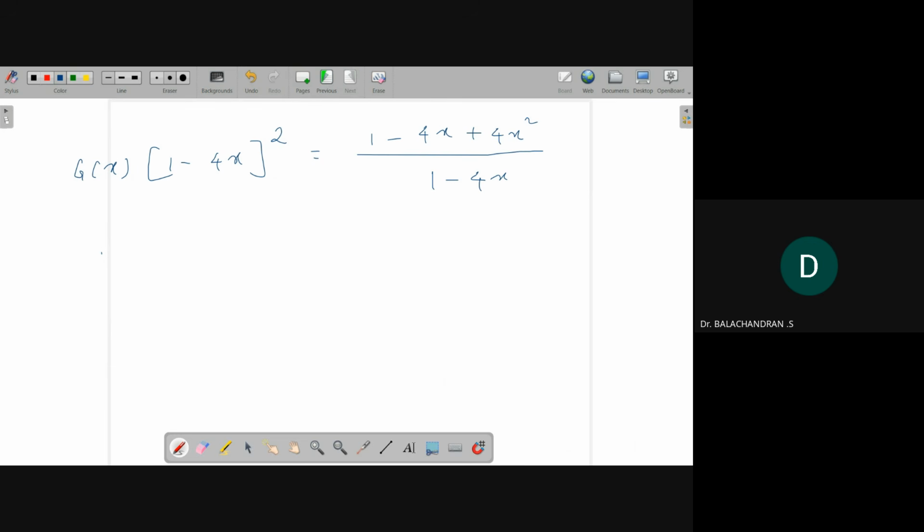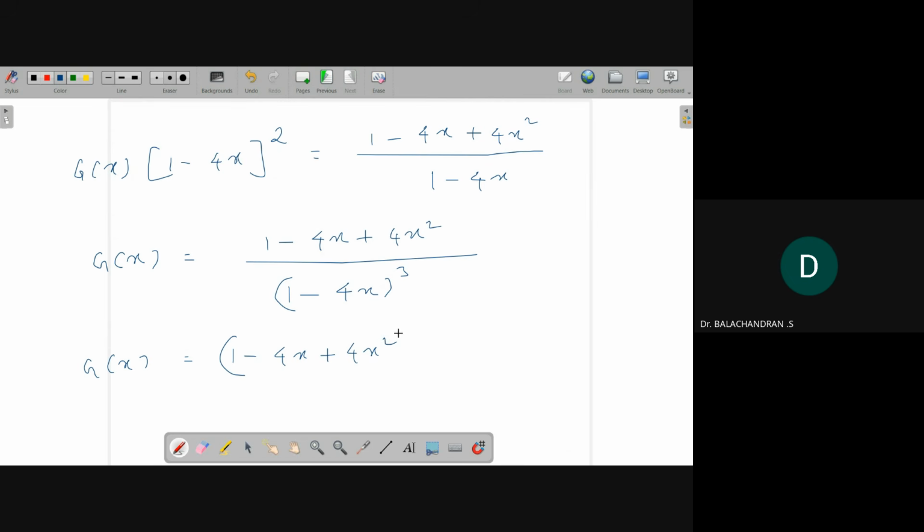Now g of x is equal to 1 minus 4x plus 4x square divided by 1 minus 4x whole cube. Or you can write g of x is equal to 1 minus 4x plus 4x square into 1 minus 4x whole power minus 3.